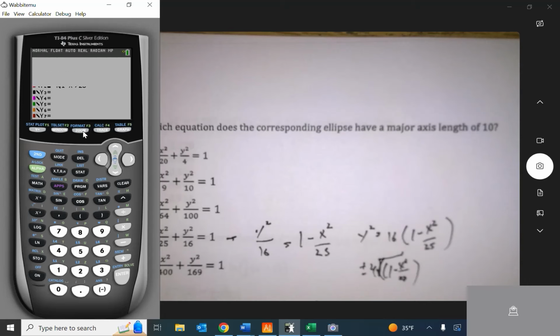Why didn't it graph anything? Zoom 6? I don't know why zoom square didn't graph anything. Oh, because I was still on that funny looking window.